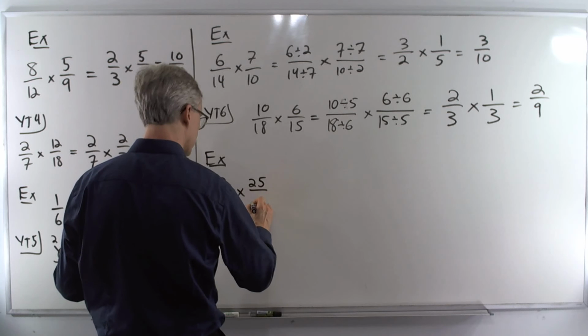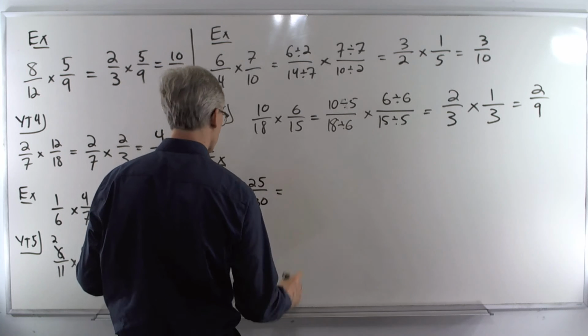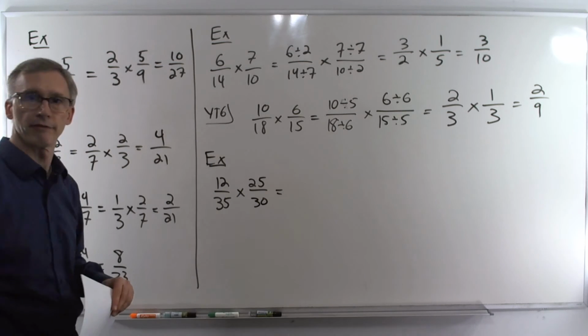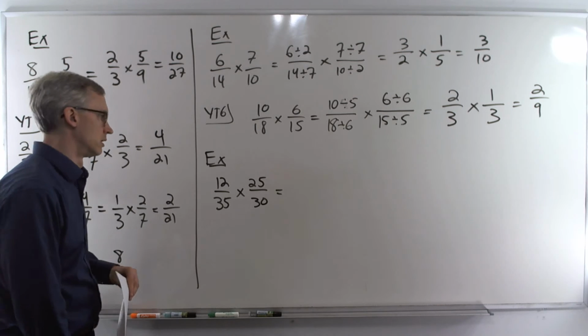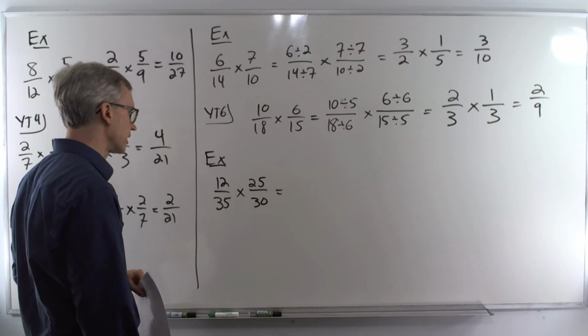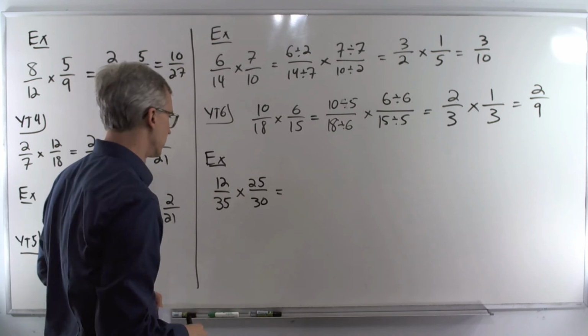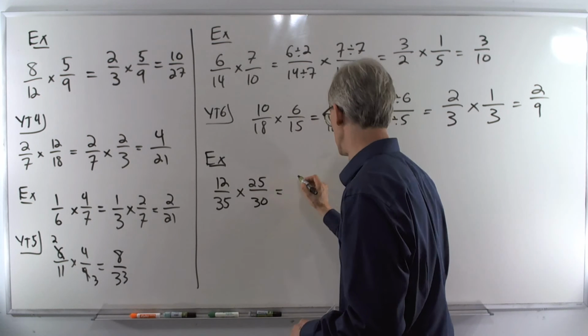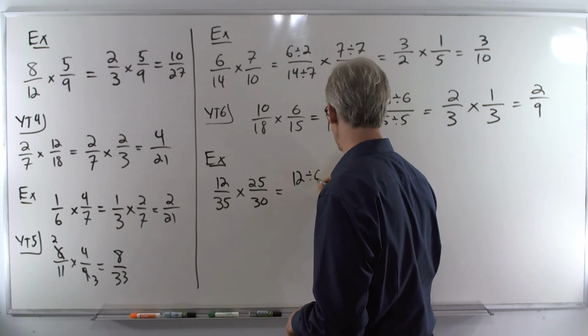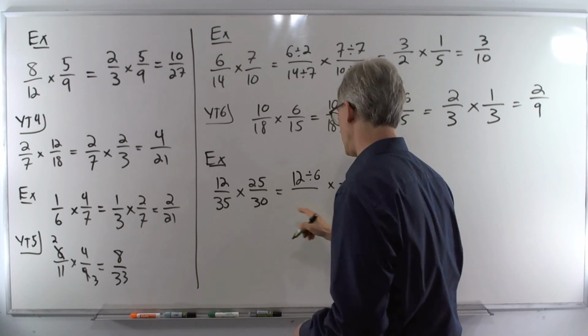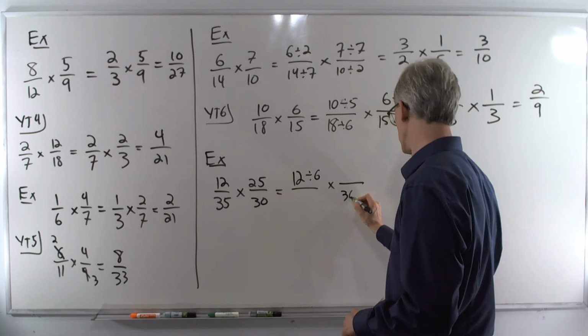Well, sometimes, despite our best efforts to simplify first, we can't get rid of all the common factors. So it'll be another simplification to do at the end. All right, I'm going to do these. These have a common factor of 6. So we got 12 divided by 6 here, and 30 divided by 6 here.